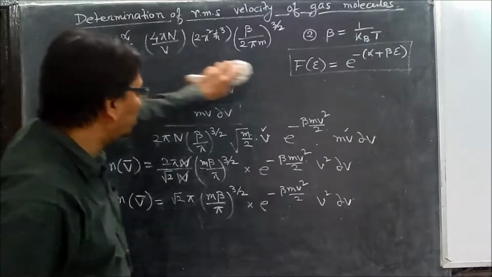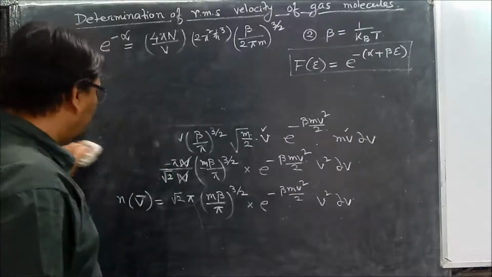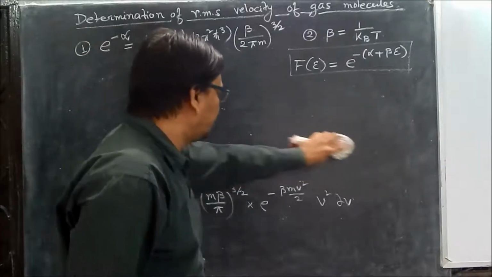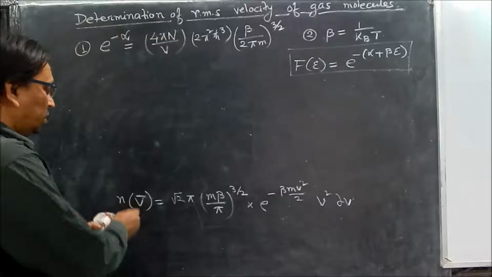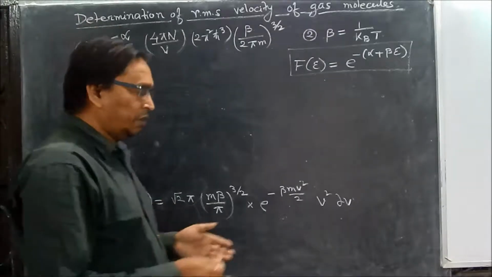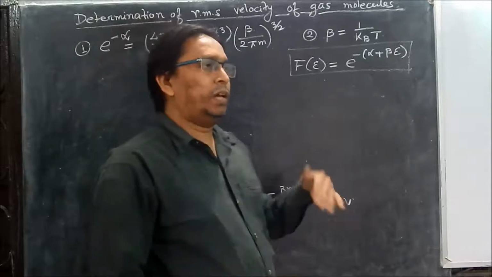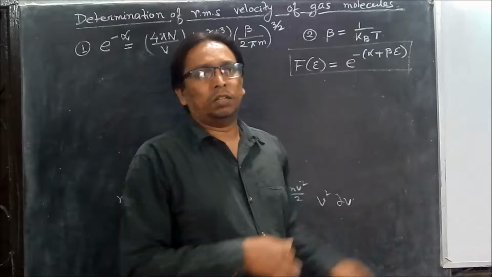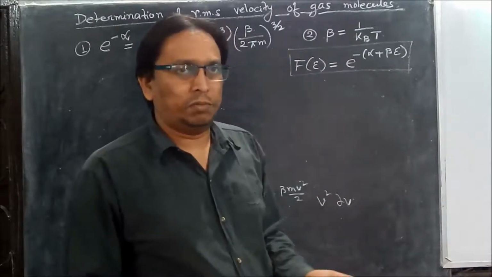Now what is the difference between the average velocity and the root mean square velocity? The average velocity is for a group of n particles having this velocity, multiplied by the velocity and summed.